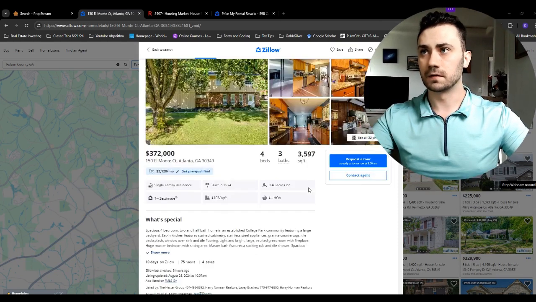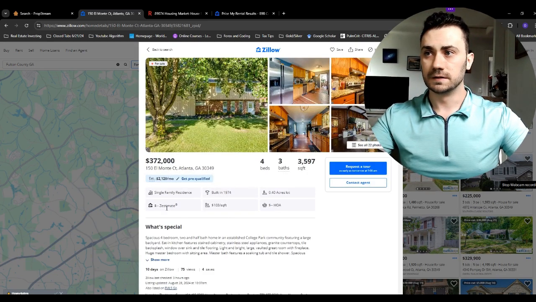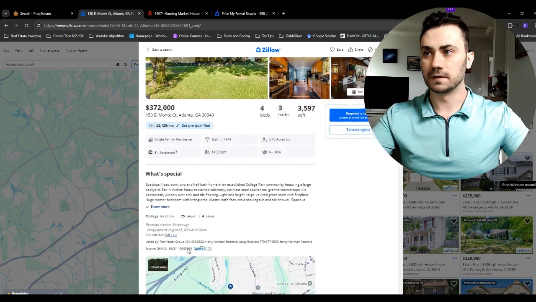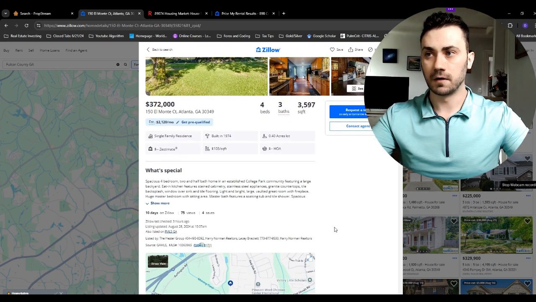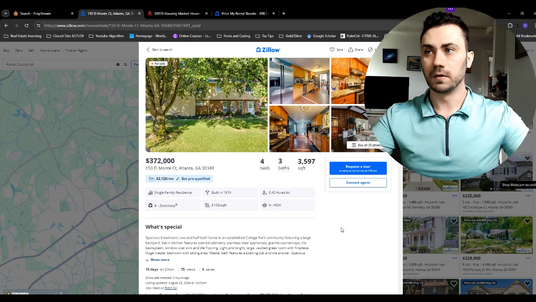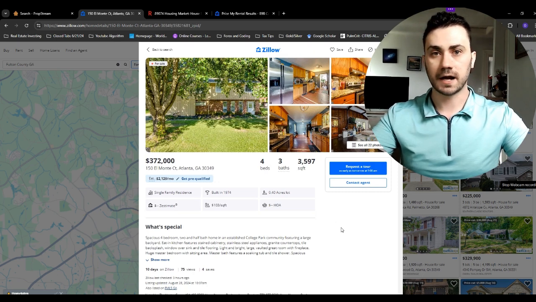And if you noticed, Zillow did not assign a Zillow estimate for this property. So in our last masterclass, we did have a designated Zillow estimate or Zillow market value. But on this particular property, since the days on market is 10, it's a fairly new listing, we don't have a market value. So we're going to have to assign one.